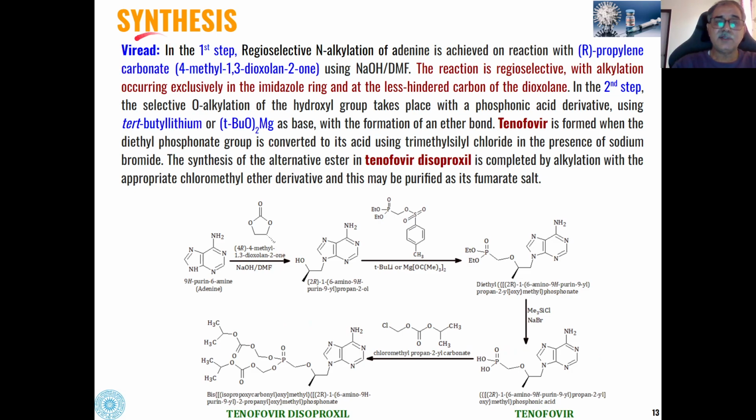Then the synthesis of this drug, that is tenofovir disoproxil. This is synthesized from adenine.